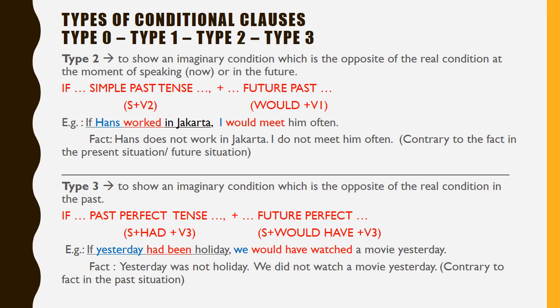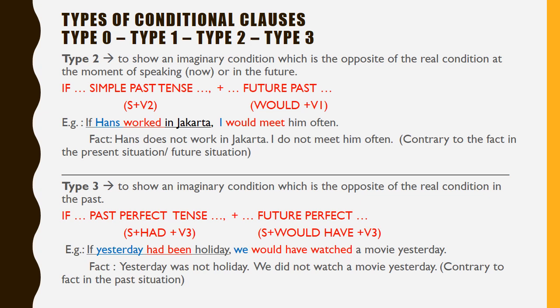Type 2. It is used to show an imaginary condition which is the opposite of the real condition at the moment of speaking, or now, or in the future. The structure is if, simple past tense, combined with future past, or subject verb 2 combined with would verb 1.